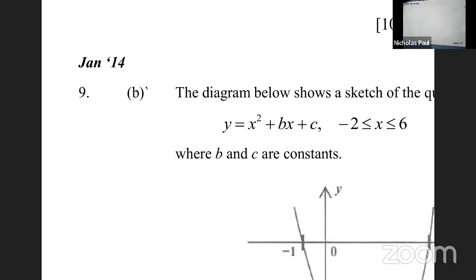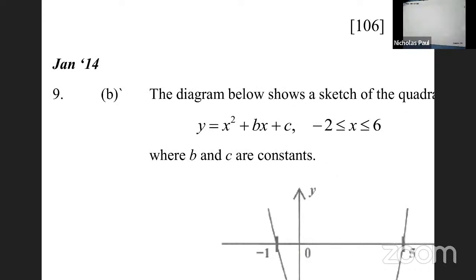Write down the equation. Y is equal to x squared plus 8x plus c. Between what is called these values again? -1 to 6. Not the range, the range is the y values.